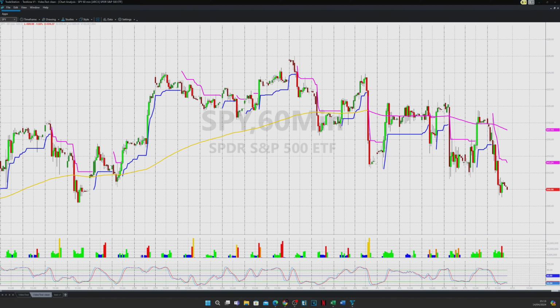Let's check something here. We don't have a clear sign of strength yet. It kind of seems that it wants to retest the 508, 40, 30 cents, I don't know. There is a possibility to reach for the 500.